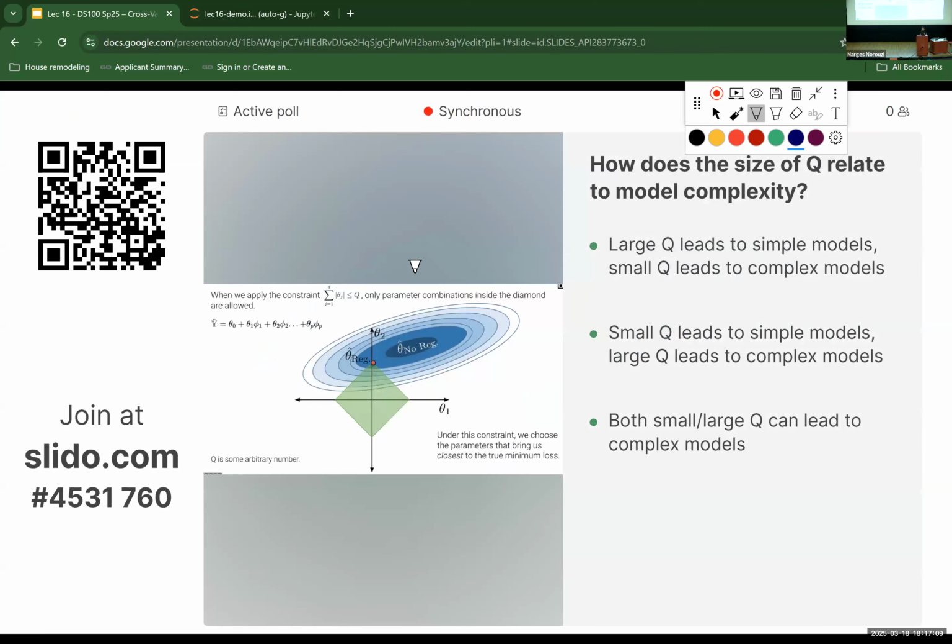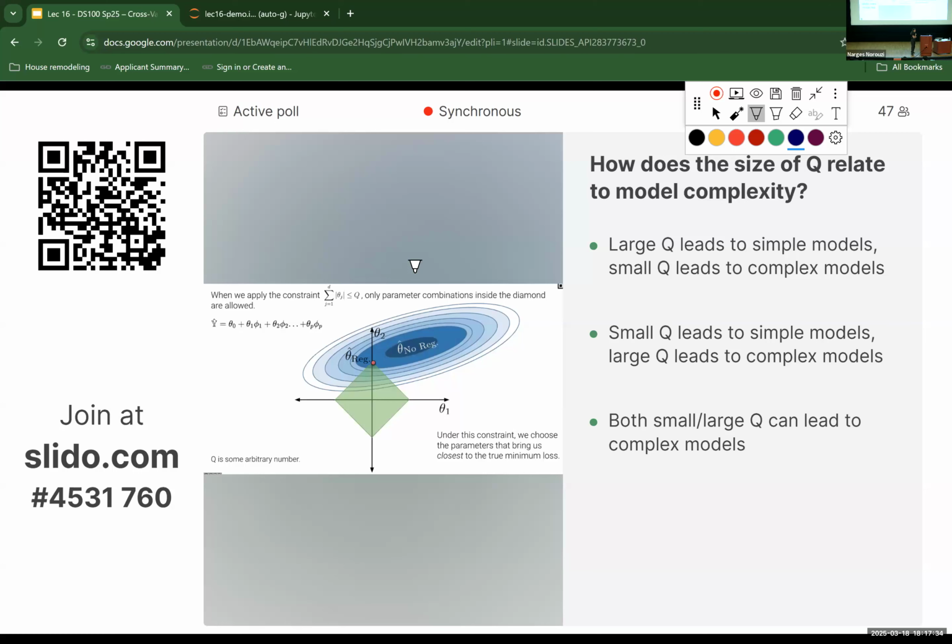Up until the point, actually, let's do a couple of Slidos, and then I'll come back to that. So based on this intuition that I visually showed you, how does the size of the Q, or the budget, relate to the model complexity? When you're increasing or decreasing, which one is giving you a more complex model with higher variance?